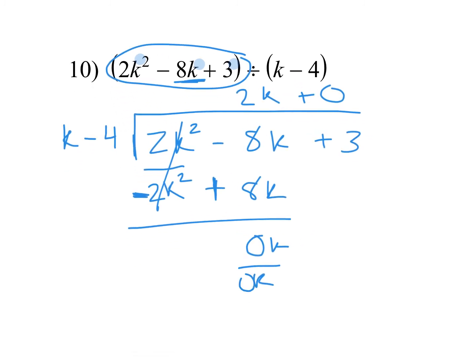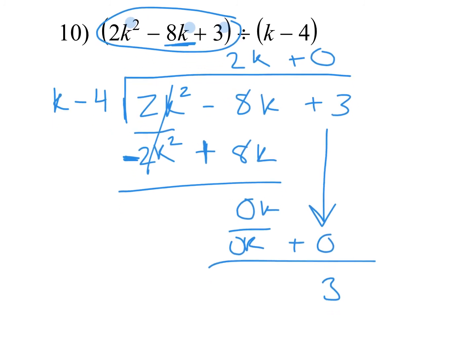And 0 times negative 4? 0. And then we add these together. 3 plus 0 is what? Oh, sorry, just 3. What do we do next?